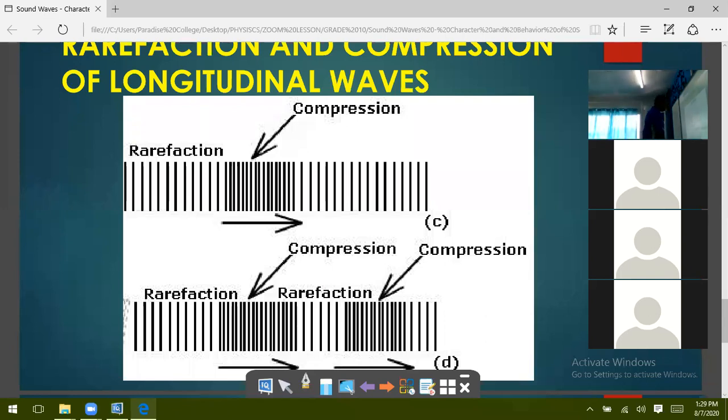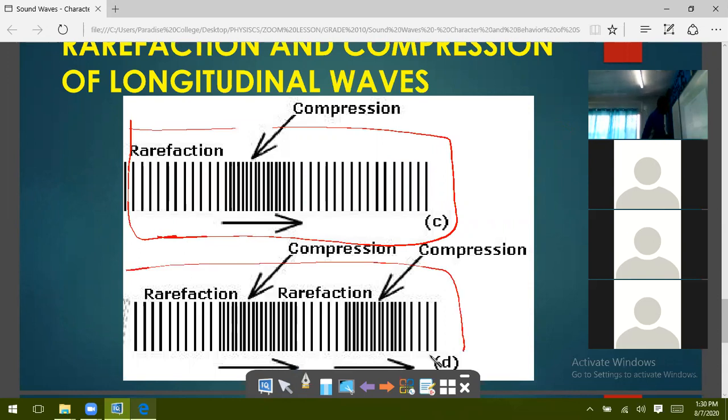Transverse waves happen like this. Do you remember something like that? A kind of a wave pattern. Okay, the wave on the screen here is an example of a transverse wave. But what we see from this one here is an example of a longitudinal wave.